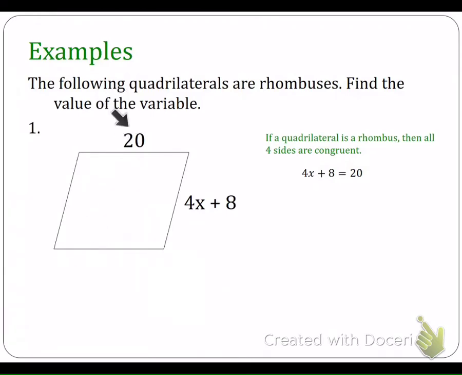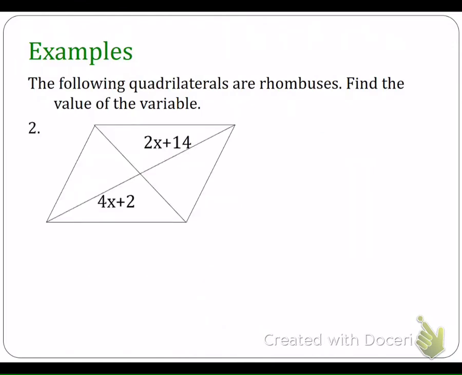We knew the opposite sides, so the sides across from each other. But with a rhombus, any of the combinations, any of the 4 sides are equal. How would I solve this? Subtract the 8. Good. Divide by the 4, and you are absolutely correct. We get a 3. And that's the answer.